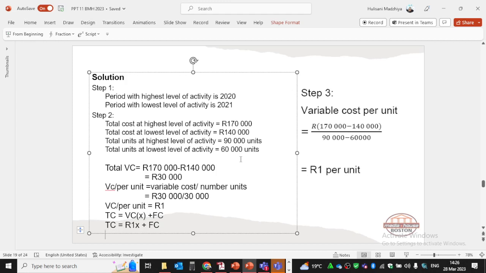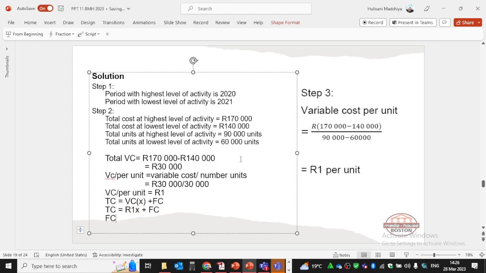So now we want to find fixed cost. Fixed cost will be equal to total cost minus 1 rand X, where the X represents the independent driver, which is the number of units.